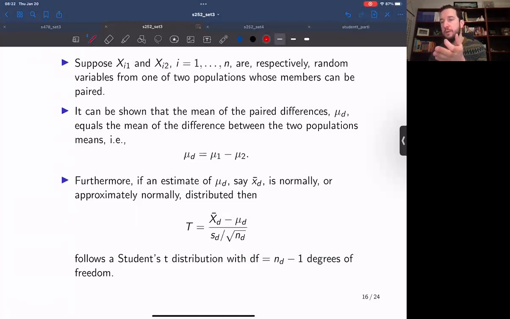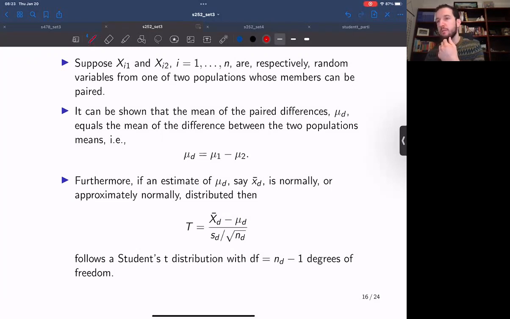Once you have that set of measurements computed, the differences, you're actually just running a one sample t-test on those differences. And that's what the test statistic at the bottom of the page is showing us. This is saying that our t random variable for the differences between the two sets of individuals is going to be the mean of the differences minus the hypothesized mean, which is usually 0, divided by the standard deviation of those differences over the square root of the number of differences.